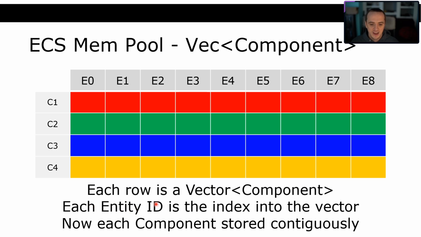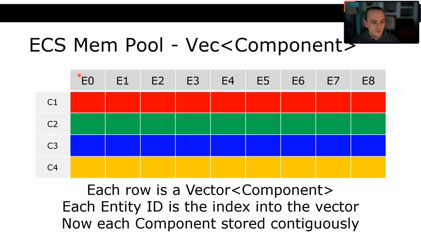Well, each entity ID, we can use that as the index into the vector. It's so simple, right? So for example, if I want to get the lifespan component of entity 0, all I have to do is have some sort of function which knows where the lifespan vector is and look up element 0.